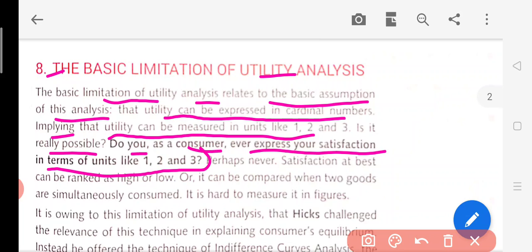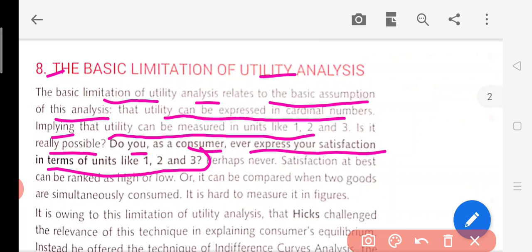So what are we learning in this chapter? We are learning about this satisfaction, and Marshall told that this satisfaction can be measured in the form of numbers. So all this satisfaction is counted in the form of numbers, which are called cardinal numbers, and these numbers are counted as utils.